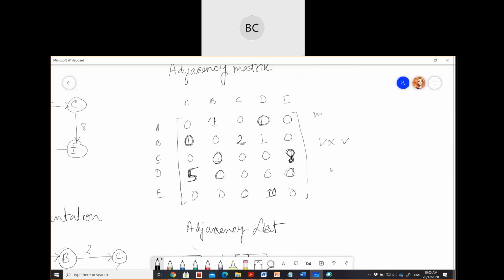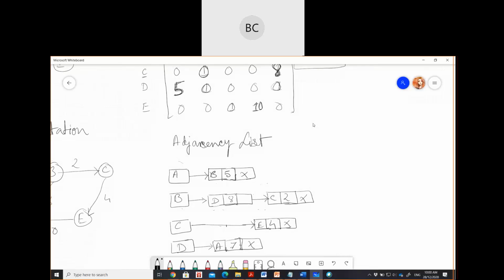In case of linked list, it's only V, and you are just making the nodes.